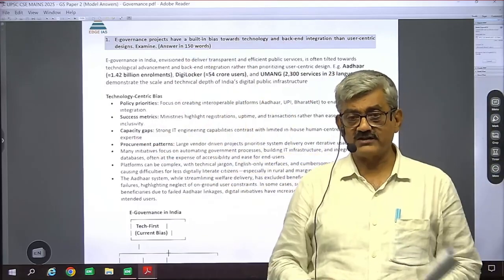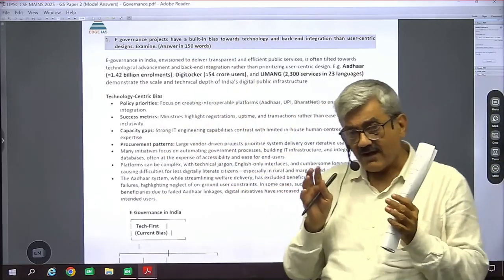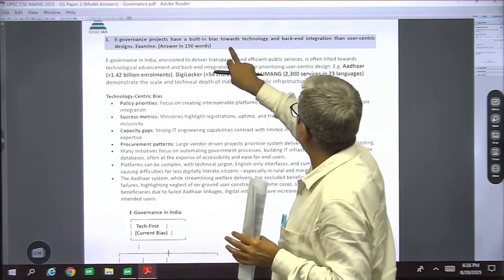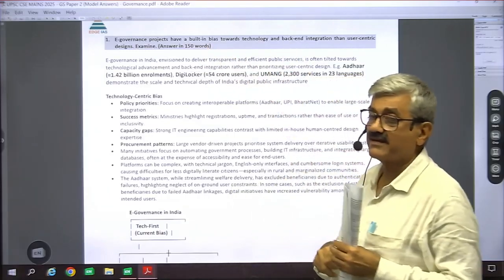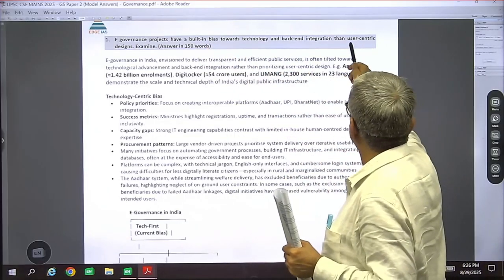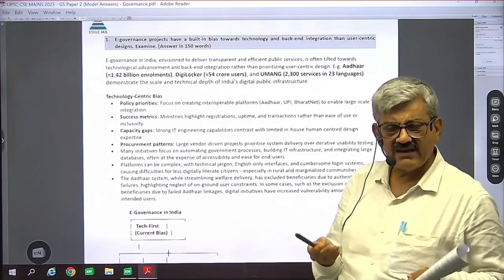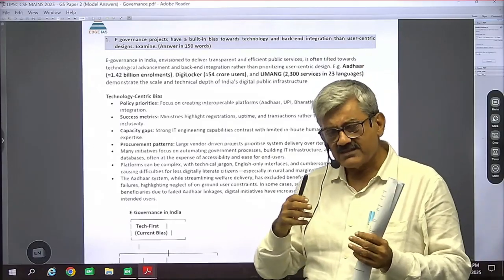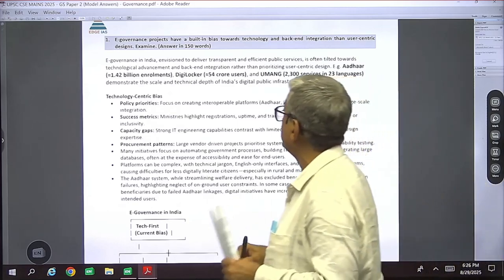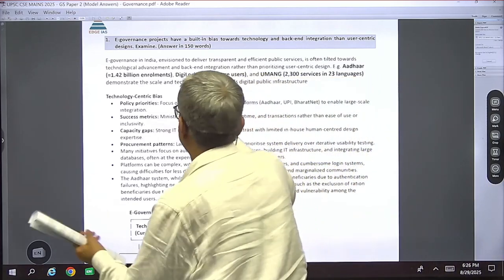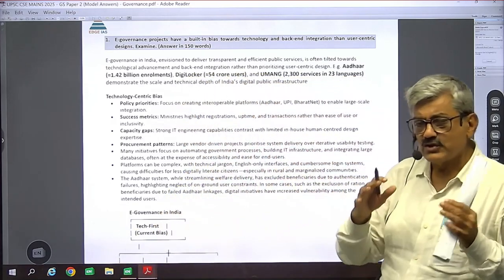E-governance is a wide concept, and we have to see that our answer takes care of this built-in bias and back-end integration, and not user-centric design. We may agree, we may not agree also, critically, when we analyze the issues. We find what the answer to this question should contain.